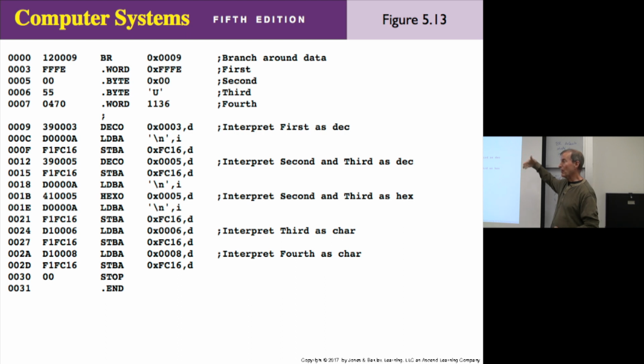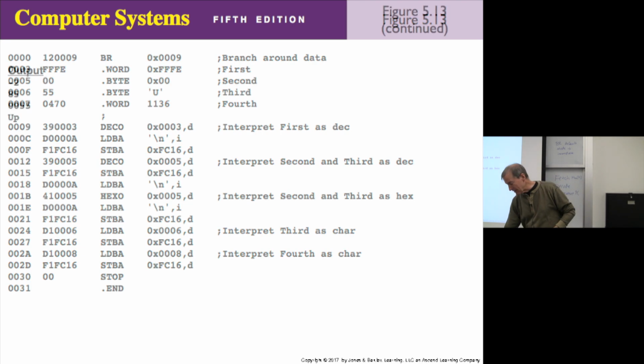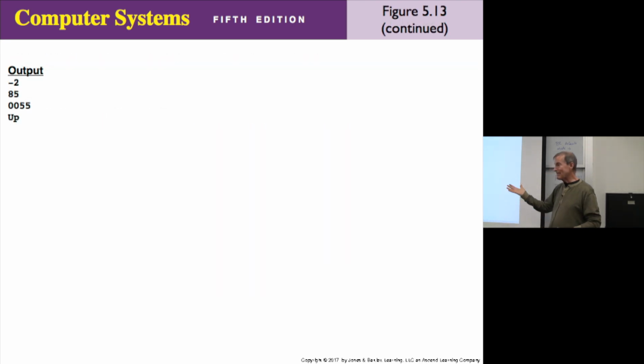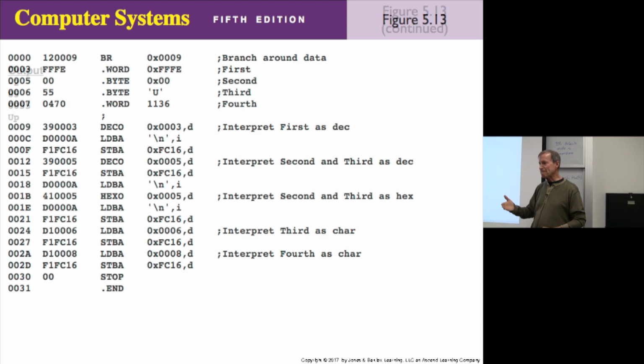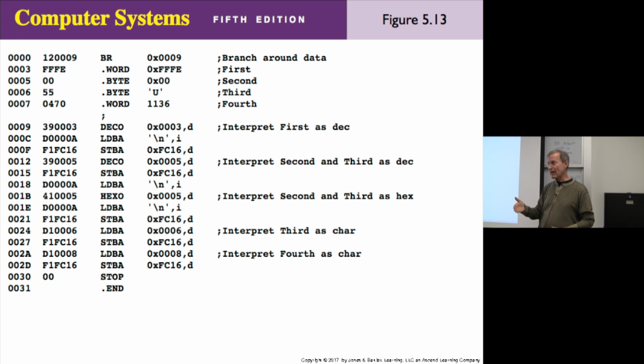But then during execution time, what does decimal output do? It interprets it as a decimal number and outputs it. So look, there's no -2 here, but look where it comes out: -2. We understand now the difference between what happens at translation time and what happens during execution time.